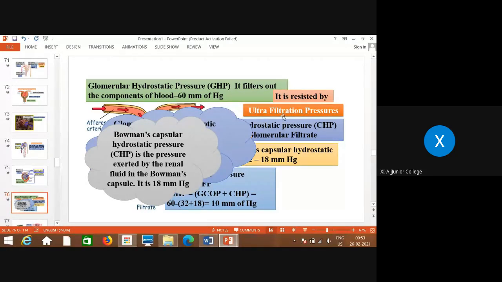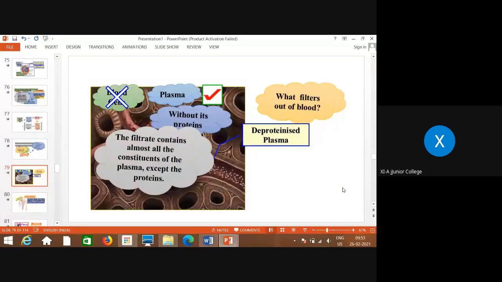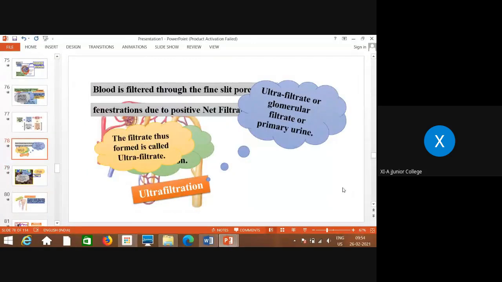This is the hydrostatic pressure created by the glomerular area, that means the glomerulus, the blood vessels. Before the second step, I'll tell you what the ultrafiltrate contains. It is also called glomerular filtrate or ultrafiltrate, or even primary urine.